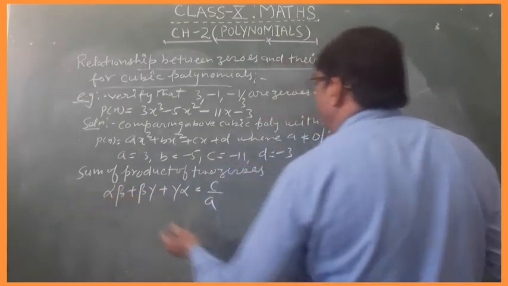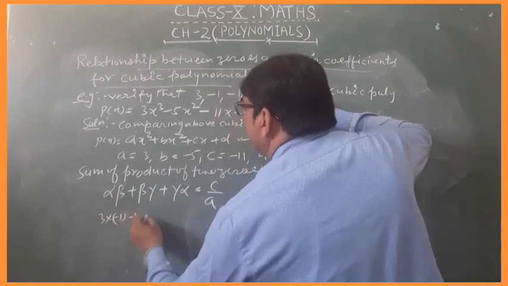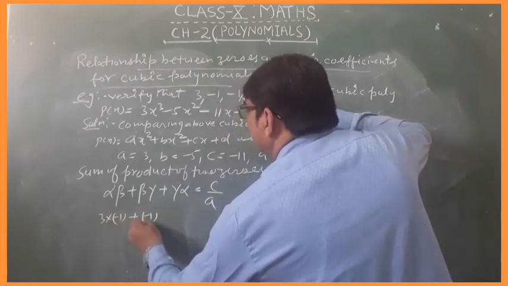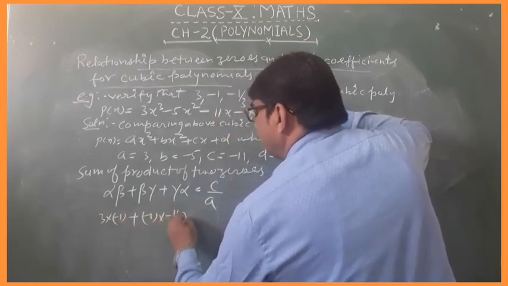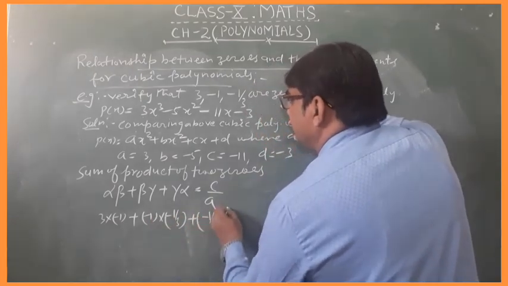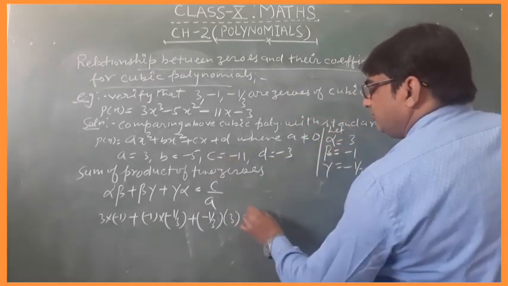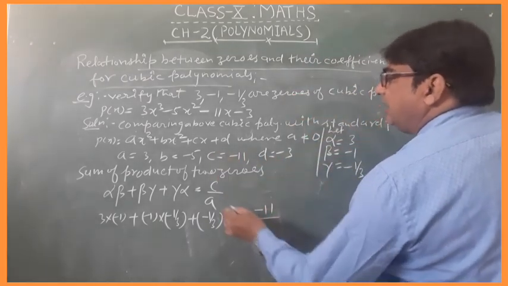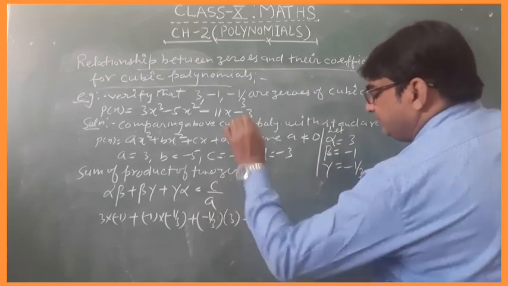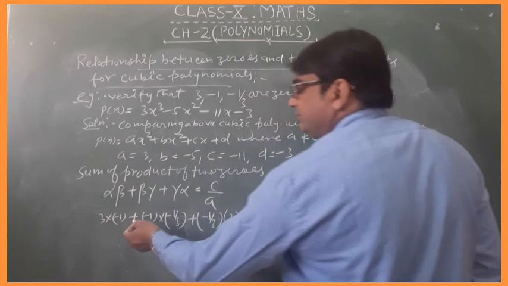So alpha beta is 3 into minus 1, plus minus 1 into minus 1 by 3, plus minus 1 by 3 into 3. And what is the value of c here? Minus 11. And the value of a here is 3, so minus 11 by 3. Solve it.